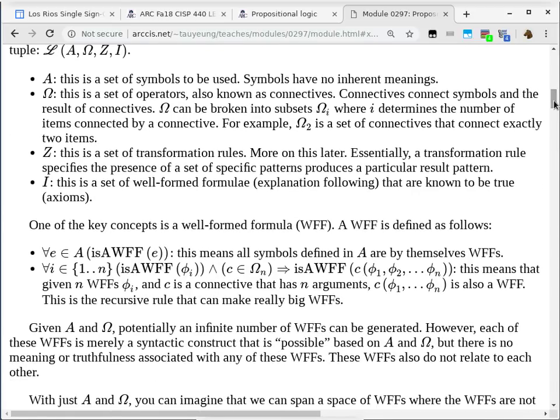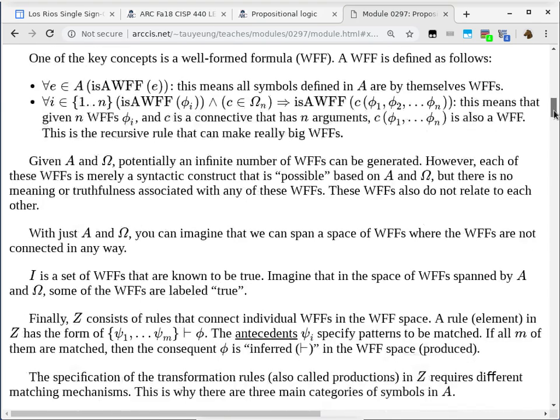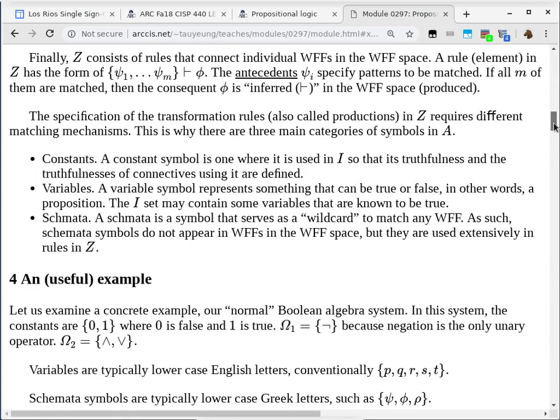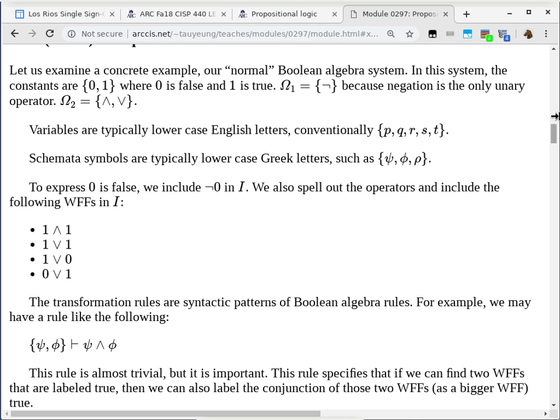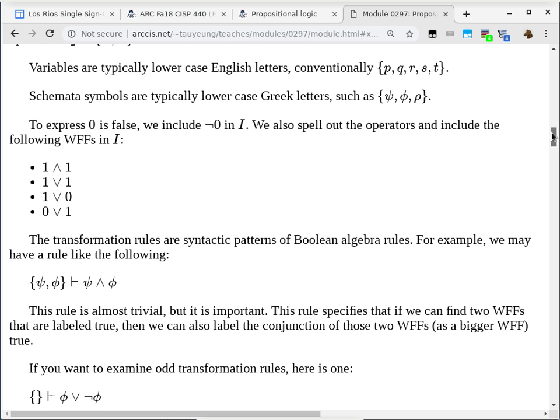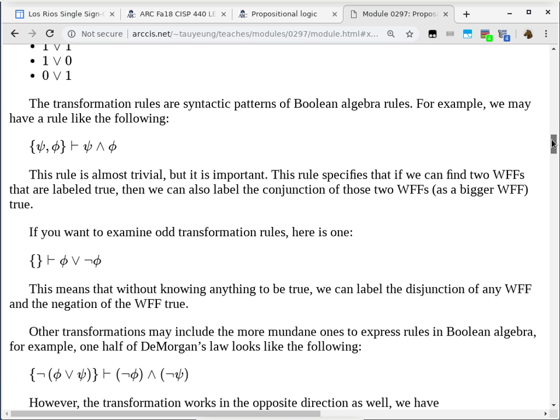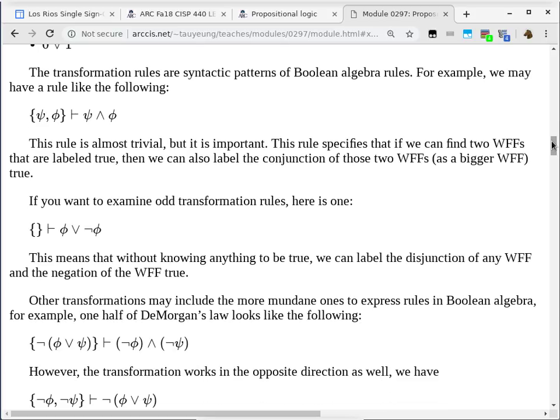Maybe not. Maybe not in the notes. Maybe on my tablet. No, it's in the notes. Okay. So I think if there's anything derived, it has to be here. Which one?